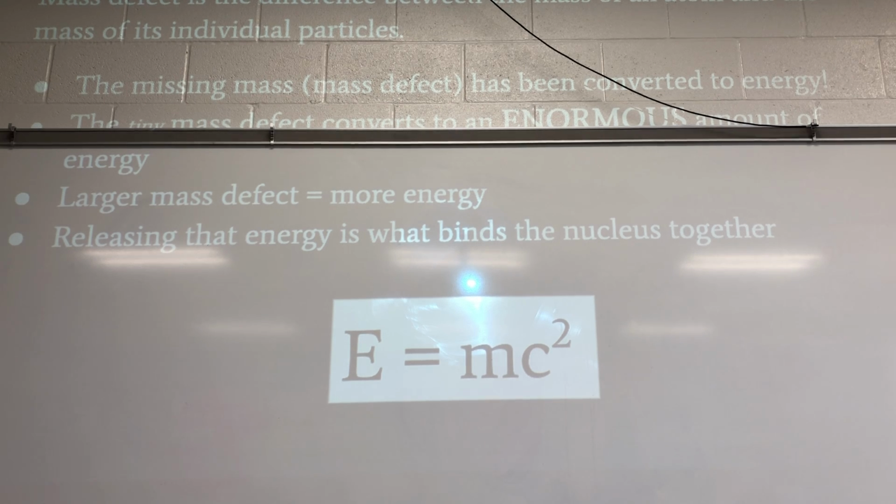The binding energy is the glue that holds the atom together, and that was the missing mass. So some of the mass from the individual pieces got converted into energy, didn't get destroyed, but got converted to hold the atom together. This is known as the nuclear binding energy. And the more energy it has, the more stable the nucleus will be.